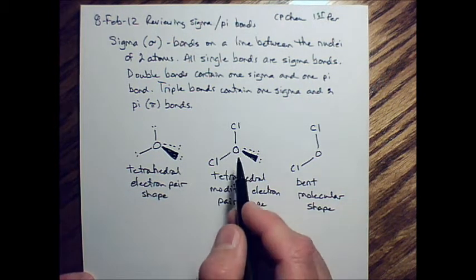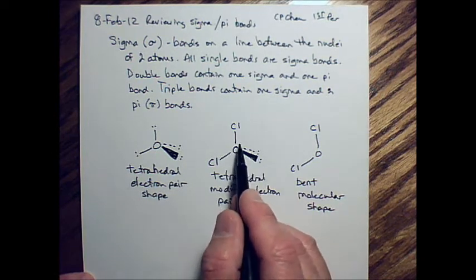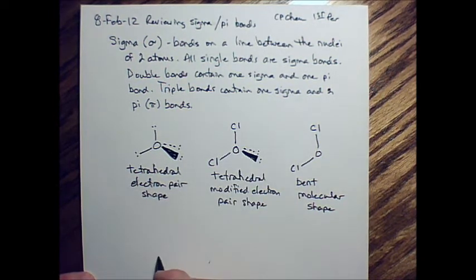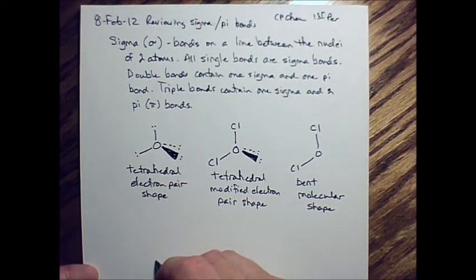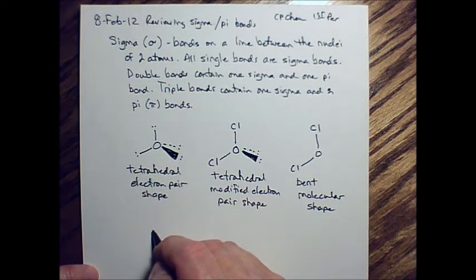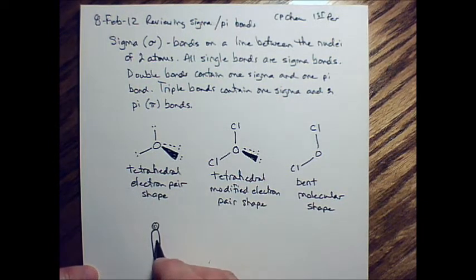Okay, so if I were going to show this using a balloon model, I would have the oxygen right here in the center that we kind of don't show. And we would have a single balloon that would represent that single sigma bond going out there to where the chlorine is. So there's a chlorine sitting up here. So this is what the shape of that sigma bond looks like, or very close to it anyway. And then we have a single balloon going over here to this other chlorine.